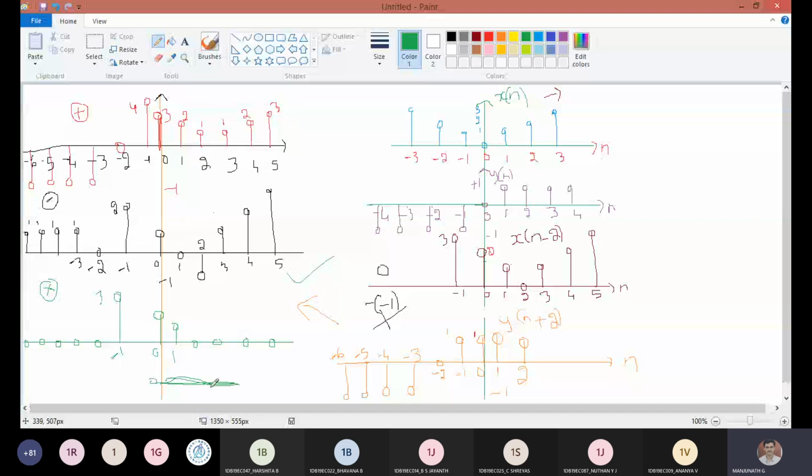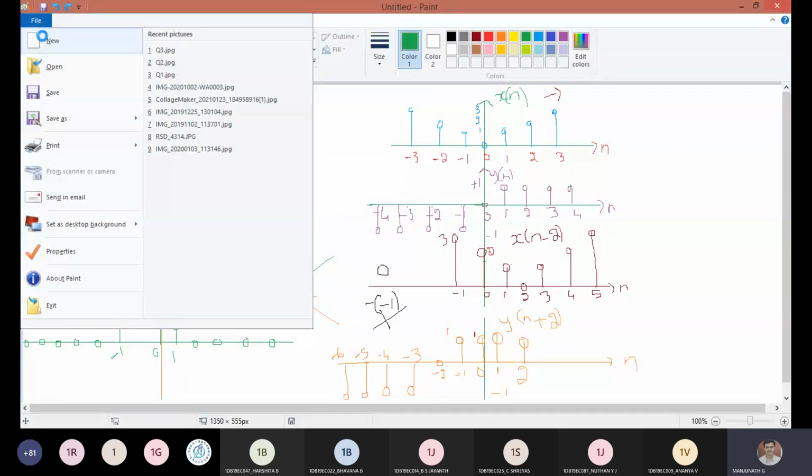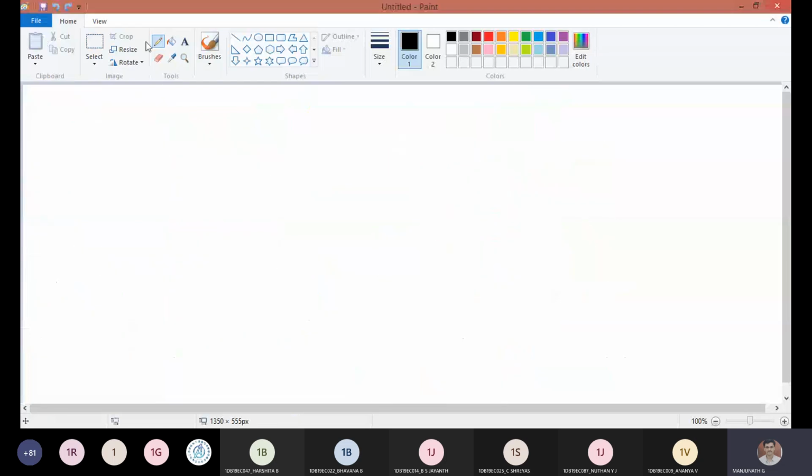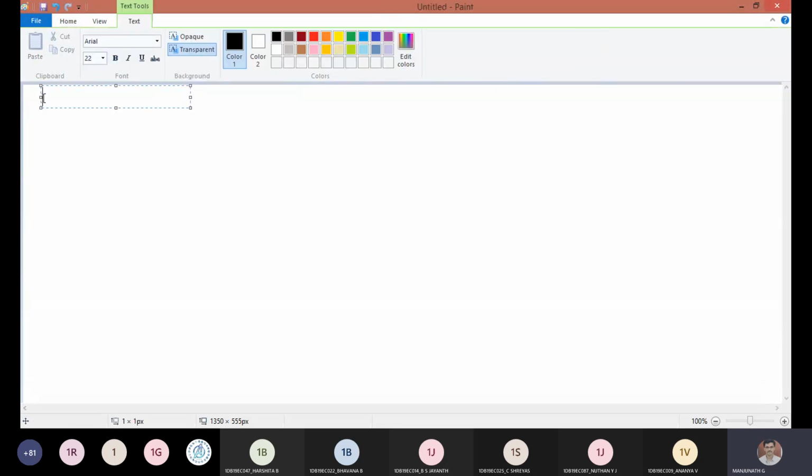So go with one problem. I want you to solve this as an assignment. Write down. For the given x of n signal, plot x of n and find the following.